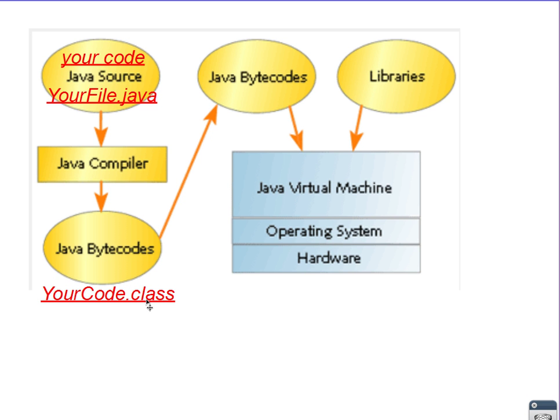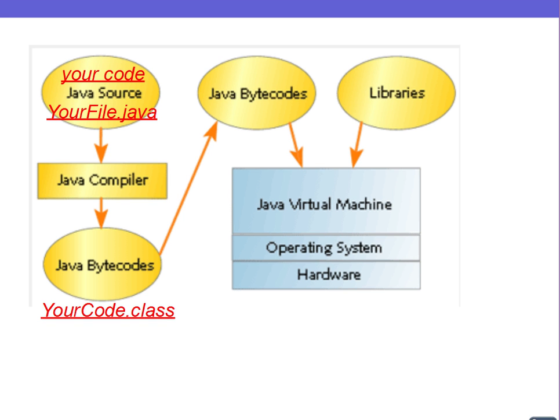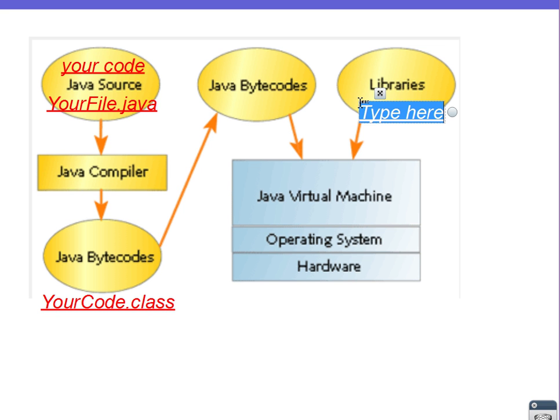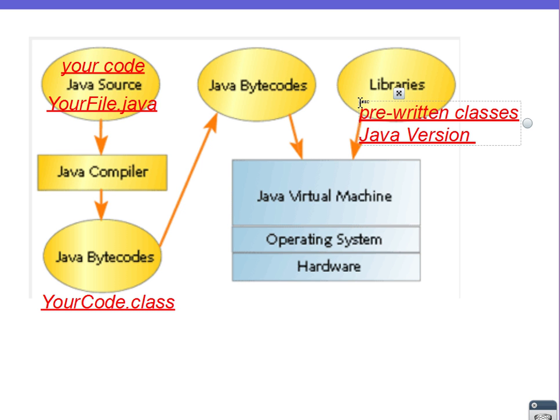So that code gets sent, and the libraries they're talking about are those pre-written classes, whatever version, 1.7. What's already written out there is what we call the library. So all those classes are in the library.